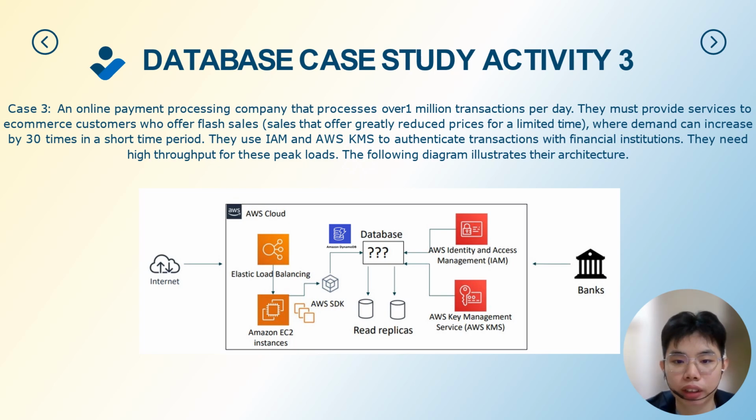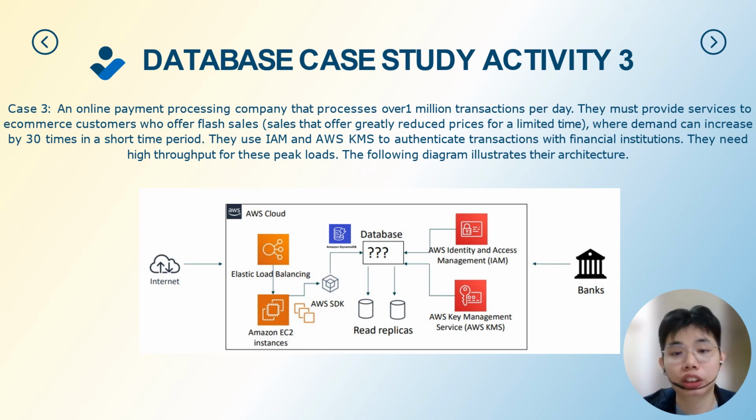Okay, so last but not least, we come to the last database case study. Based on this architecture and the question, the organization is an online payment processing company that needs to process over 1 million transactions per day and needs high throughput for peak loads during flash sales.